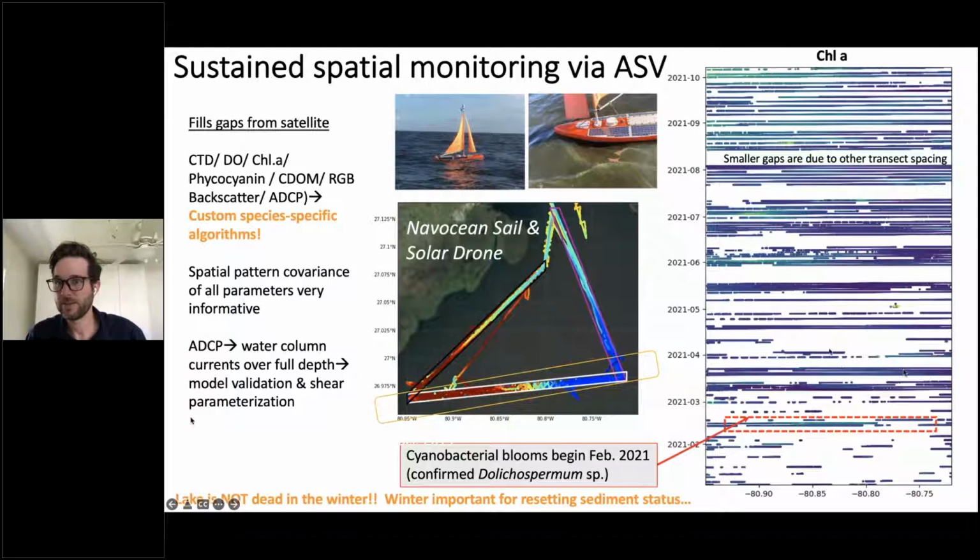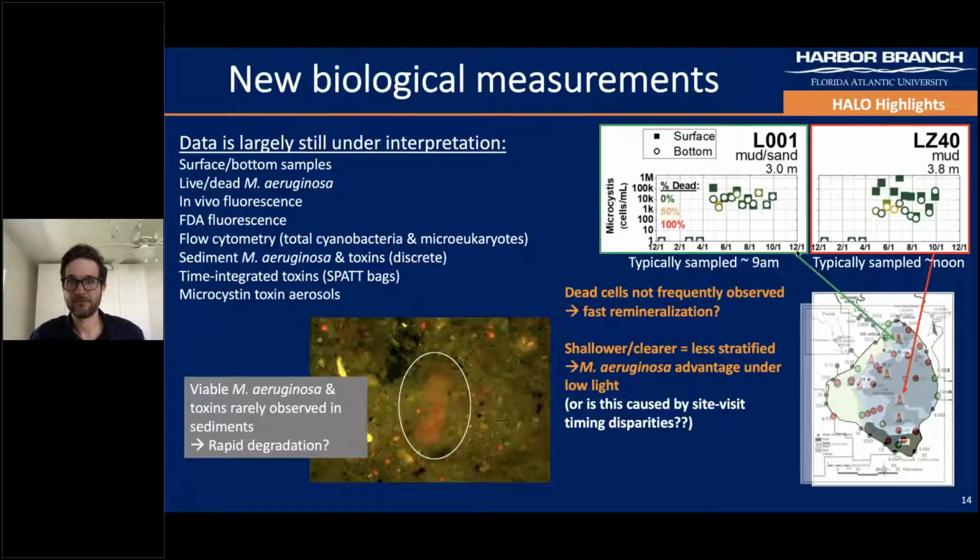There's a lot of white space, just because there was a learning curve associated with it. But when we get to the white space up here, it's because the sailboat is running other transects in between these single lines. So there's a wealth of data here for us to mine and try to understand what's going on. I just wanted to show you that data is available, and it's a pretty exciting data set.